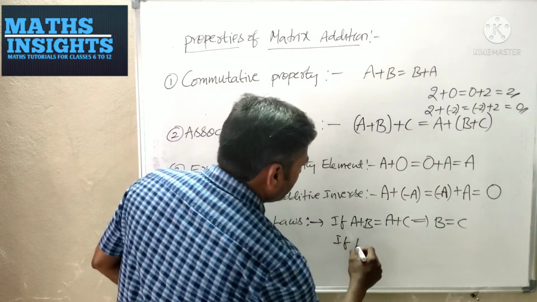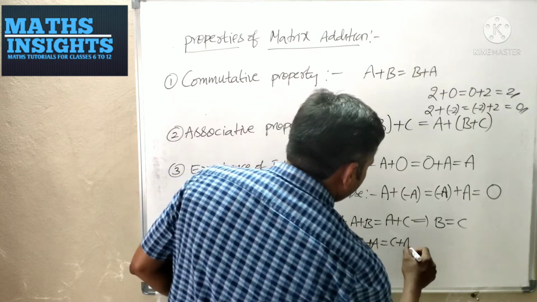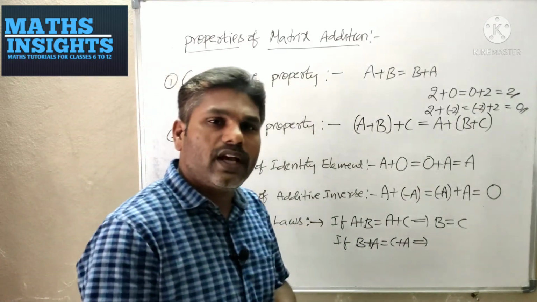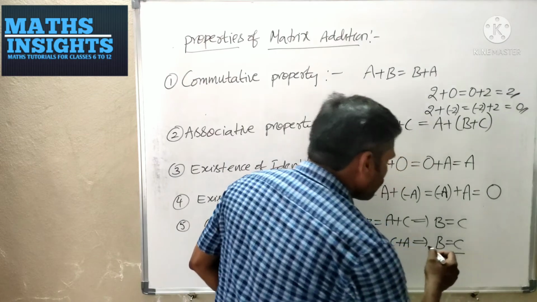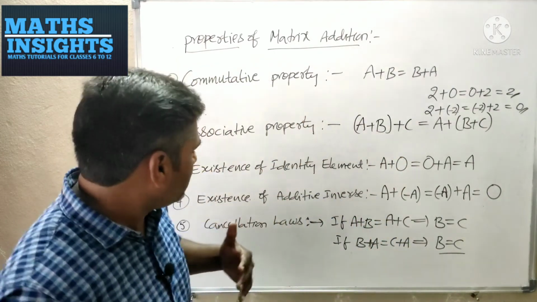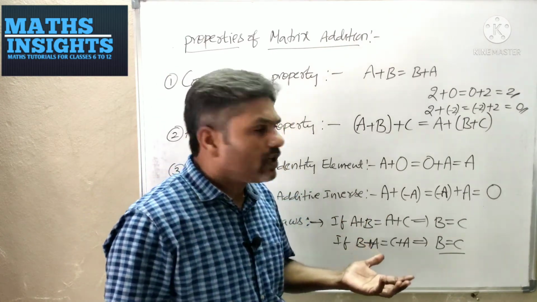Similarly, if B plus A is equal to C plus A, where A is common on the right hand side, and if you remove that, then you will get B is equal to C here also. Then matrix addition holds good for the cancellation law also.